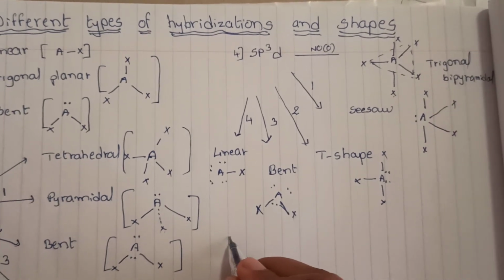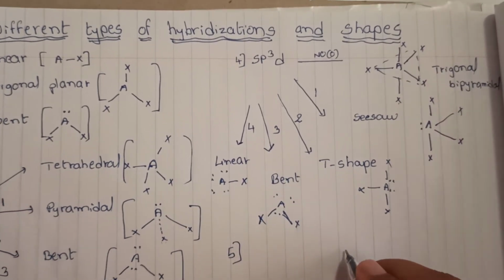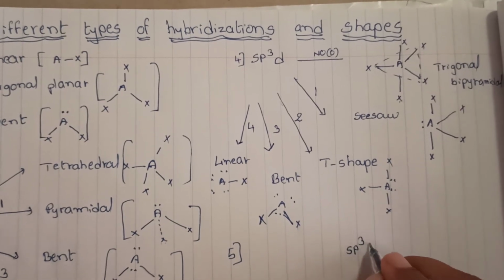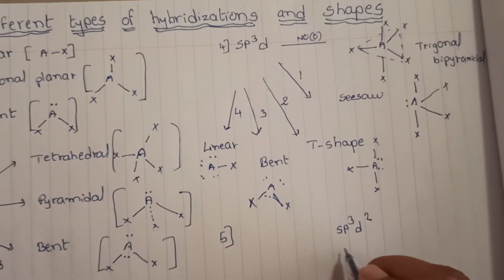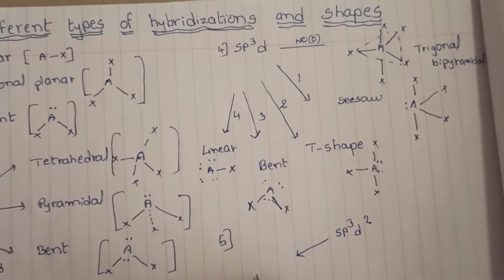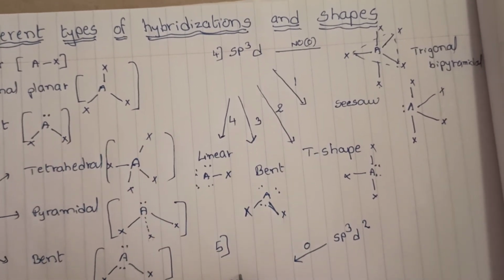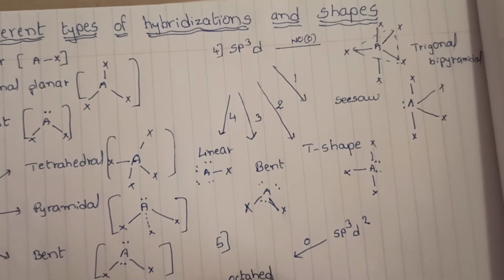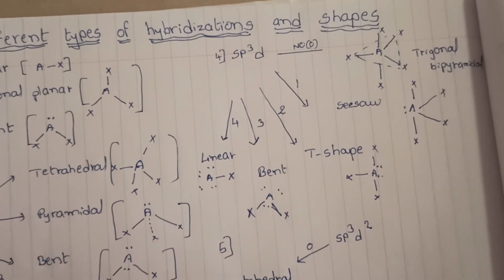Okay, now let's see the last one, that is sp3d2. Whenever there is sp3d2 hybridization, generally we say whenever there is no lone pair, it is octahedral. Octahedral geometry.